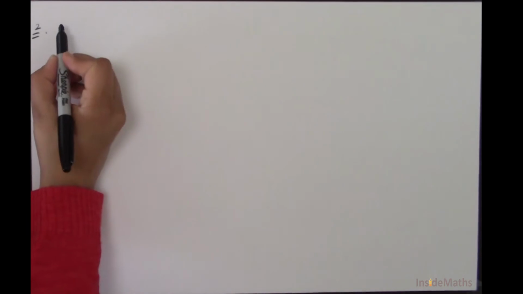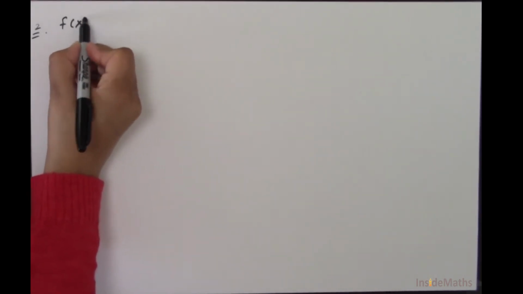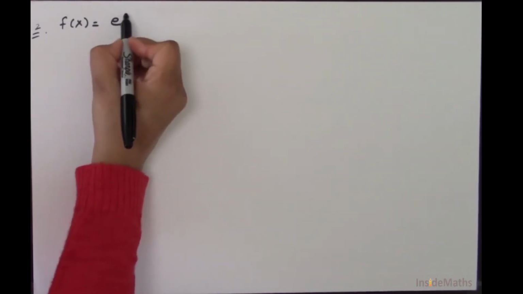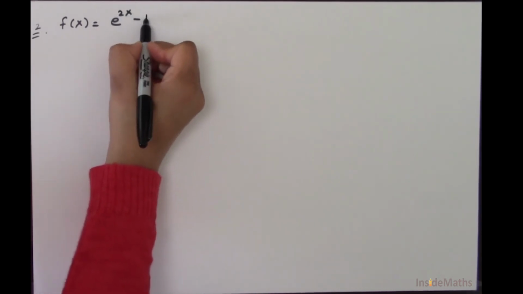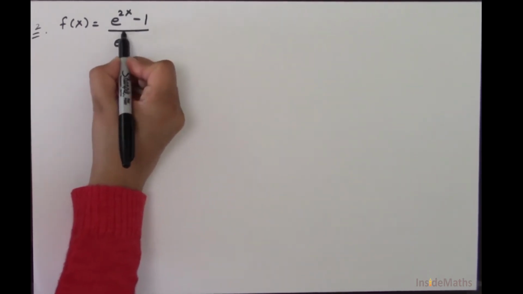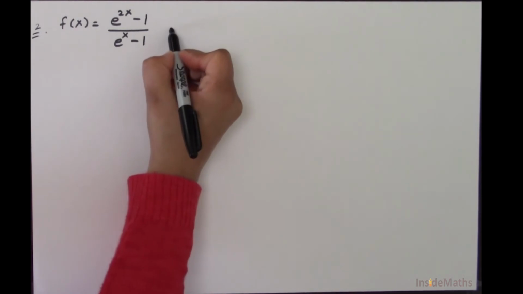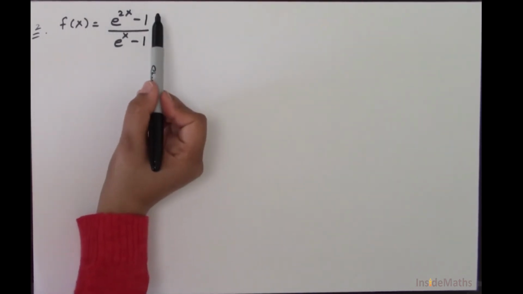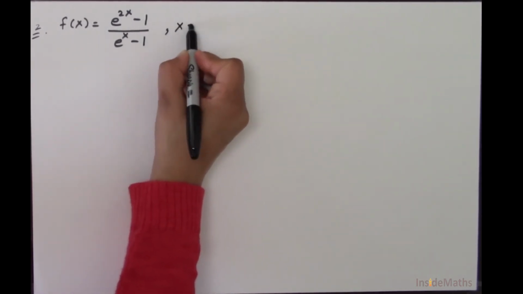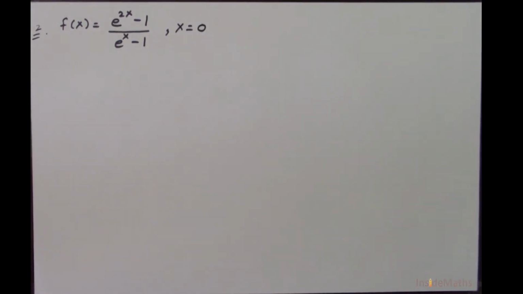Now we'll do one more example, which is given by f of x equals e raised to power 2x minus 1 divided by e raised to power x minus 1. We have to check the continuity of this function at the point 0.